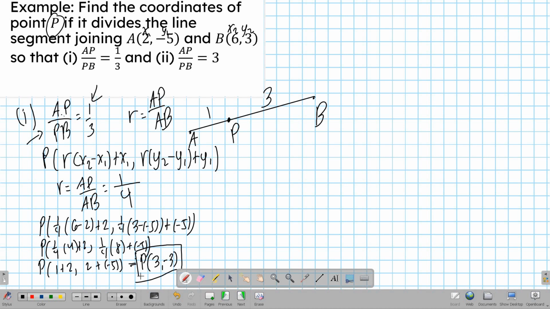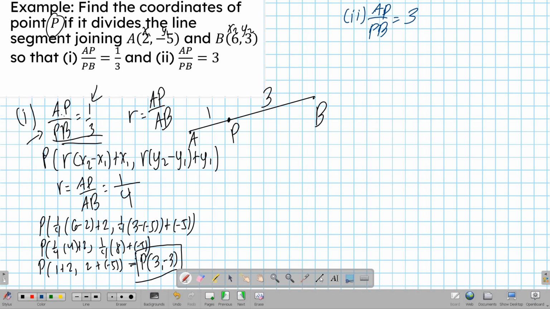So that's the point divisor if AP over PB equals 1/3. Now, what would happen in part II if AP over PB equals 3? How so, sir? The PB is gone.